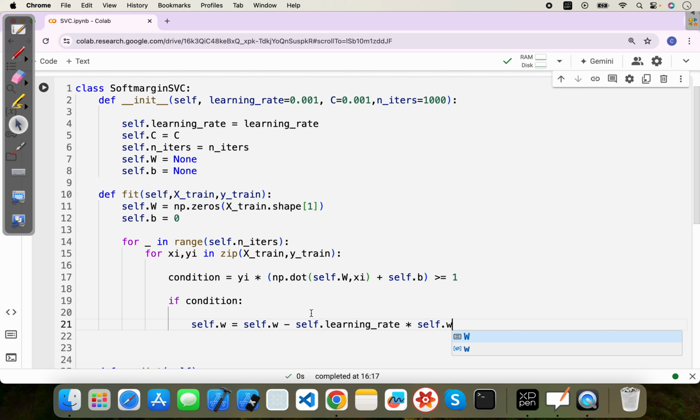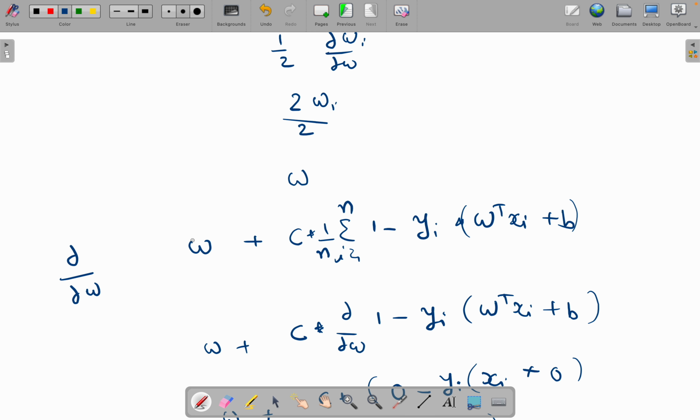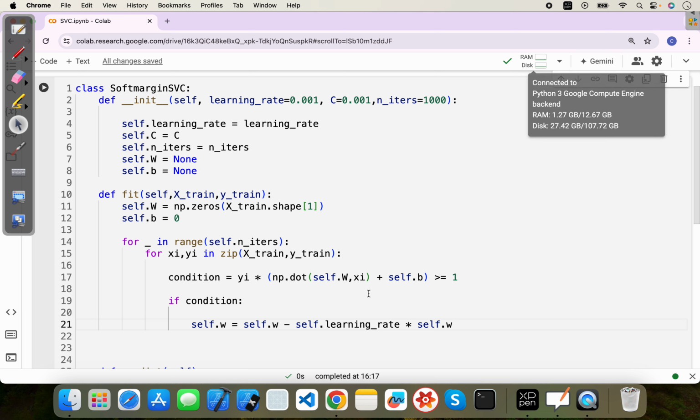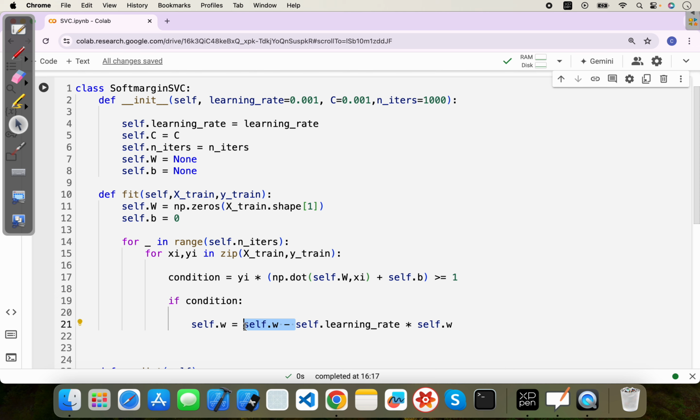Because the norm of w square divided by 2 will give w when we are differentiating with respect to w. Here we had seen this term, right? So we need to just update the weights. So I can rewrite it as minus equal to, right?